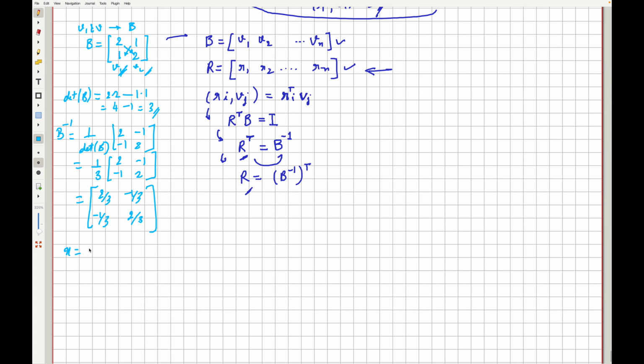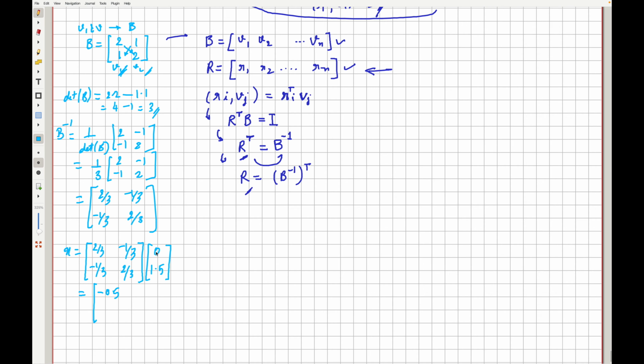X is equal to 1 by 3, so that we already have. So what I'm going to do is instead write the entire thing, 2 by 3 minus 1 by 3 minus 1 by 3 2 by 3, and here we have the x, which is 0 1.5, and so this dot product would be 2 by 3 times 0 is 0, minus 1 by 3 times 1.5 is minus 0.5.